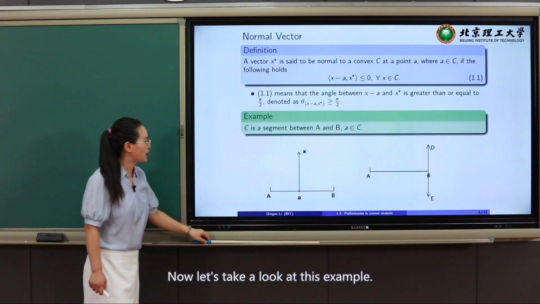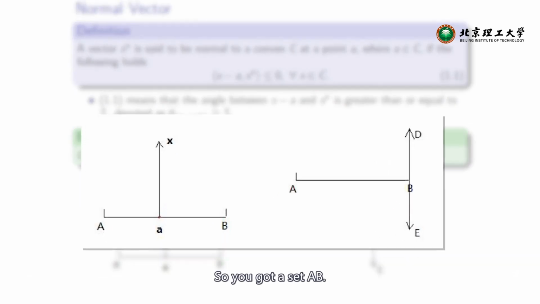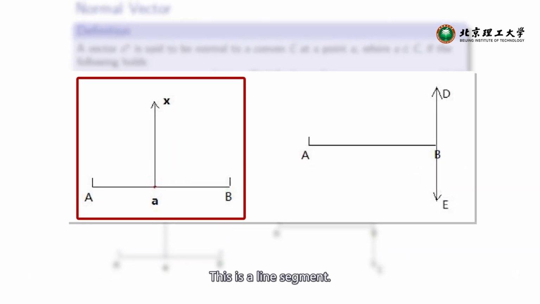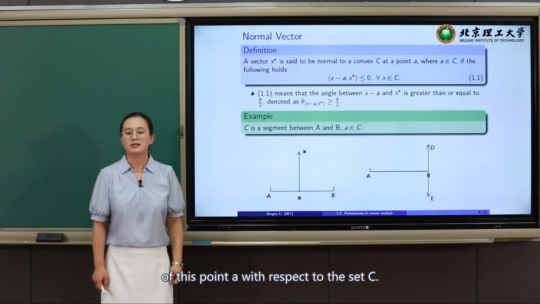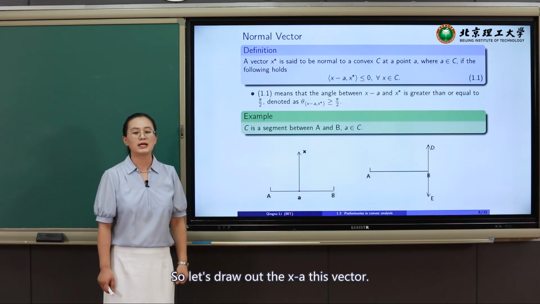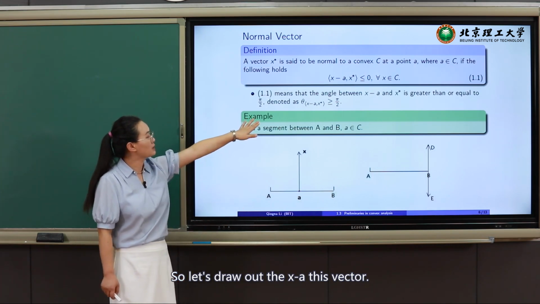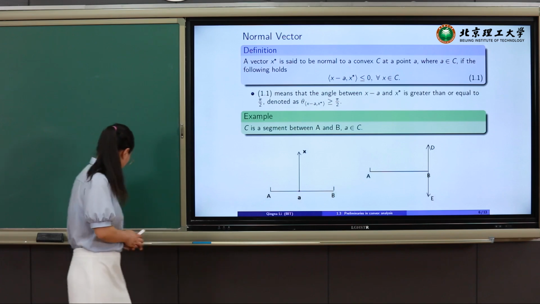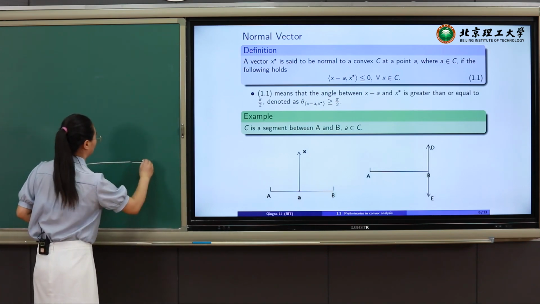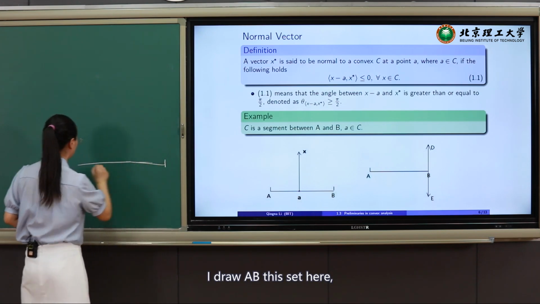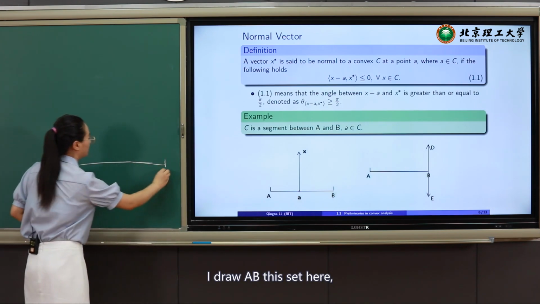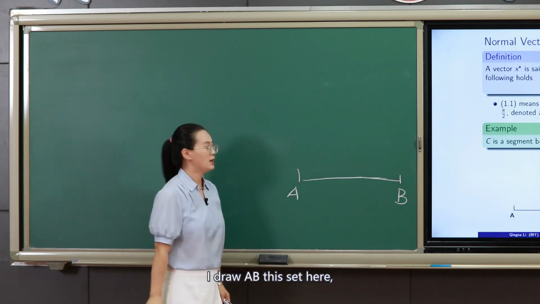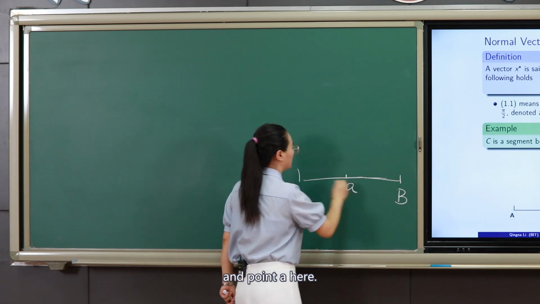Now let's take a look at this example. So you have a set AB, all right? This is a line segment, and we consider the point A here. So what is the normal vector of this point A with respect to the set C? Let's draw the vector x minus A. I draw A, B, this set here, and point A here.